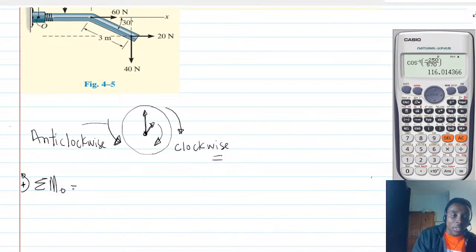The choice is yours. You can say that counterclockwise is negative or counterclockwise is positive, but I am saying that counterclockwise is positive. You can also choose something different from that.